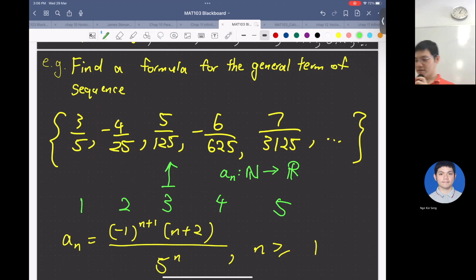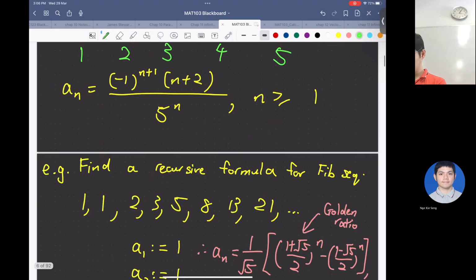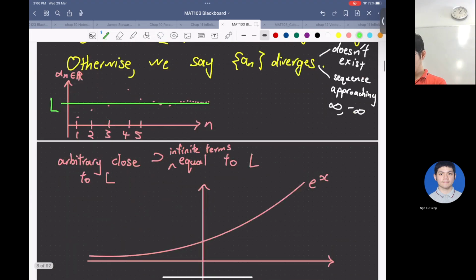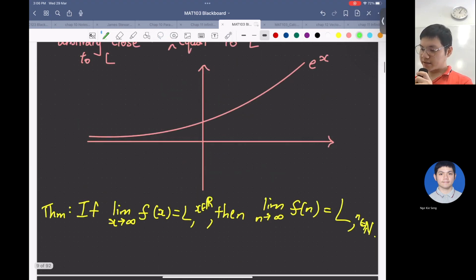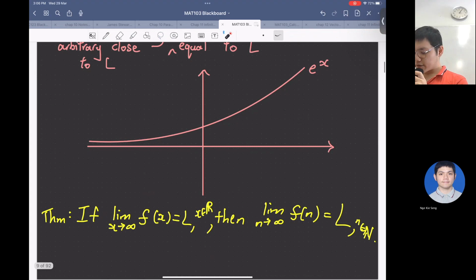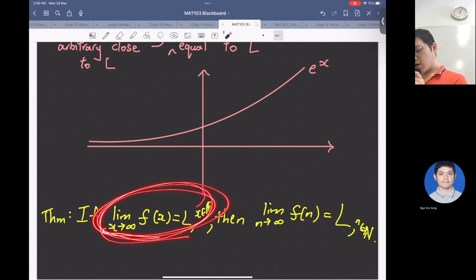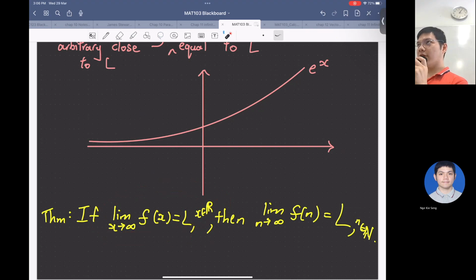Okay, so this sort of complexity, I think it should be expected. But if you consider all the real numbers, the formula should make sense as well, because you just plug the number in.